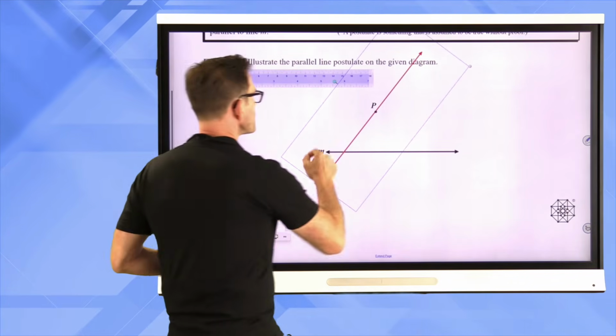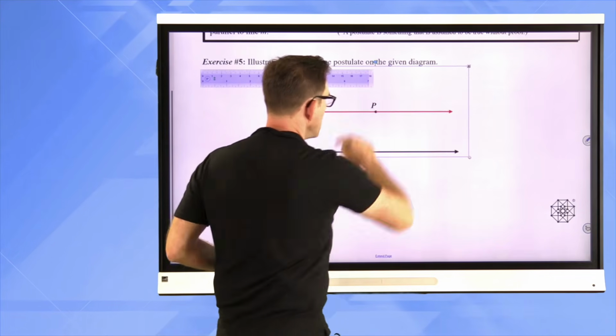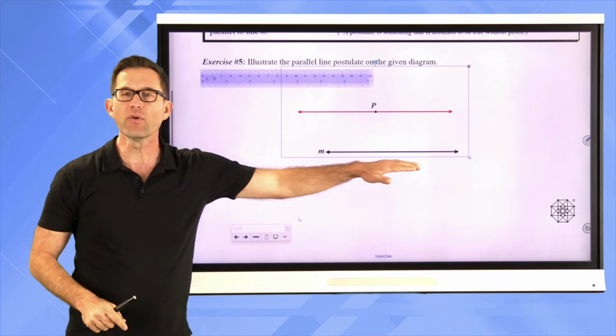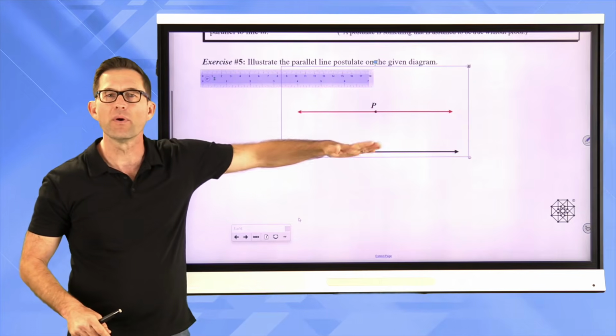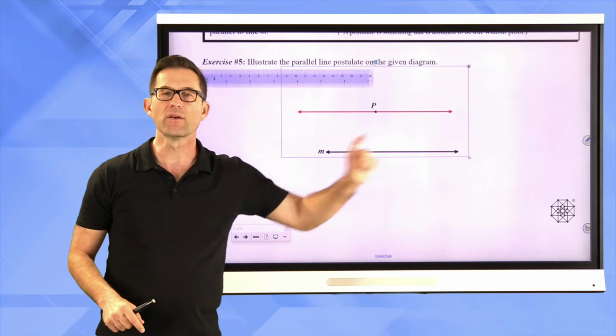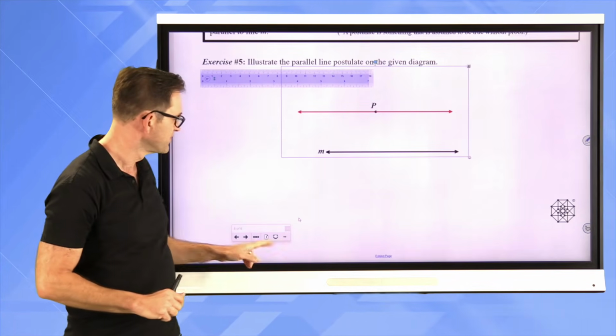So it just feels right, this idea that there is only one line that can pass through that point that will never intersect this line, because if I change the slope of that line even a little bit, it will eventually intersect line M. The parallel line postulate.